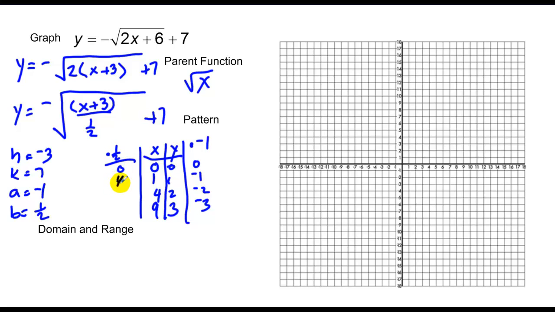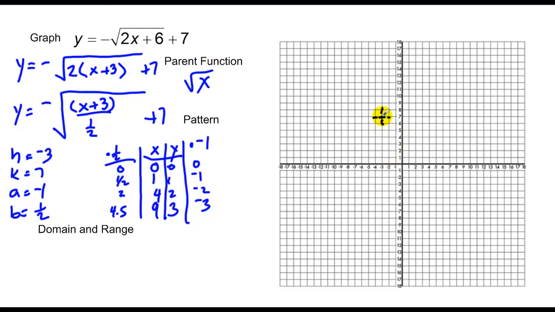So it's 0, a half, 2, and 4.5. So I move over now 3 to the left, and I go up 7 and move in my pattern movements from that point.